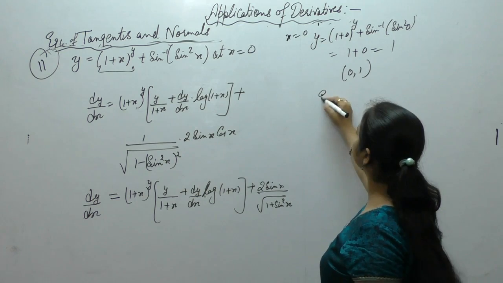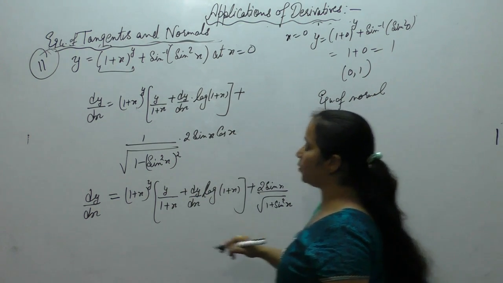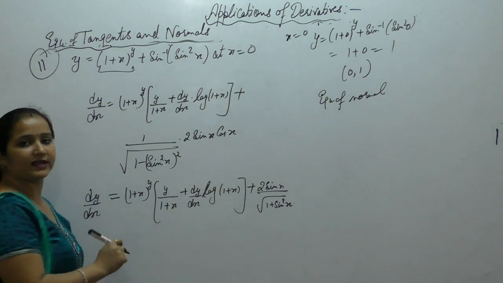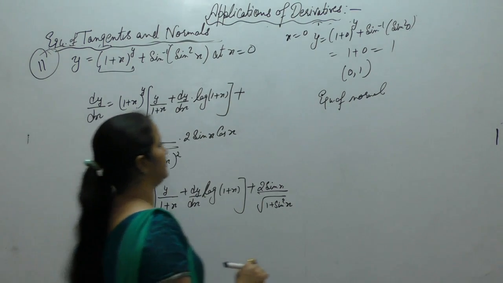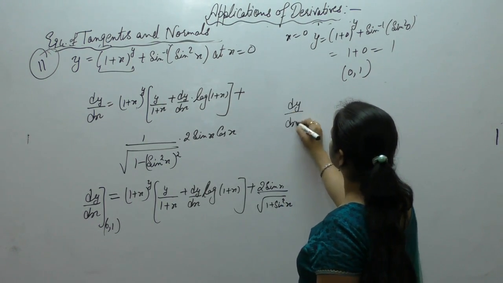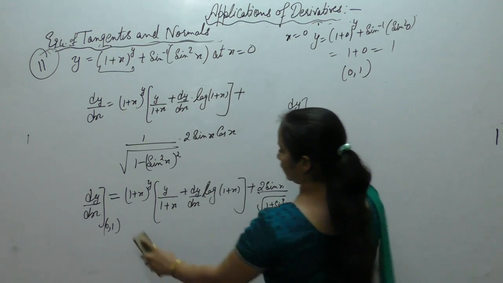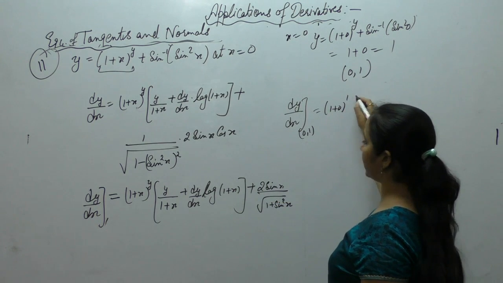Now we want to find the equation of normal that passes through this point (0, 1). First find the slope of tangent at this point. So what is the value of slope of tangent at x = 0, y = 1? X is 0, y is 1.